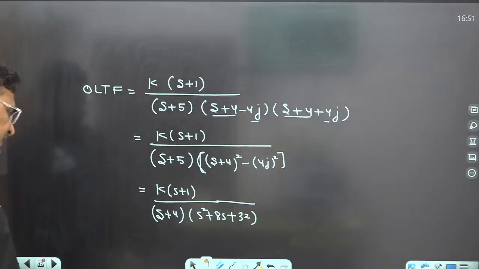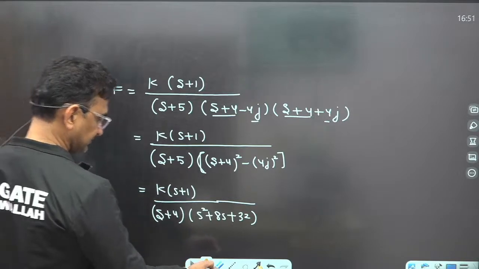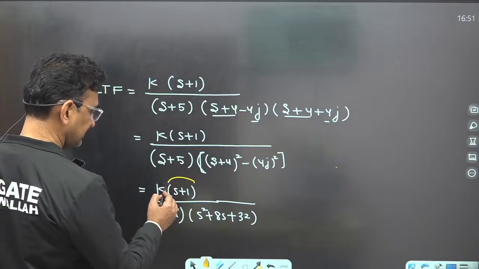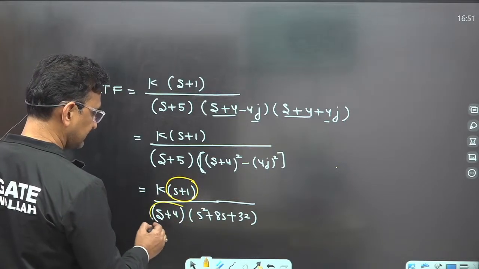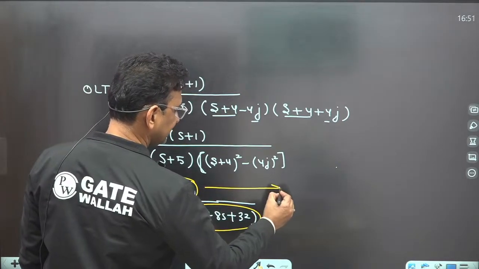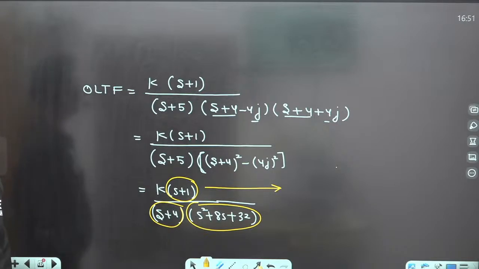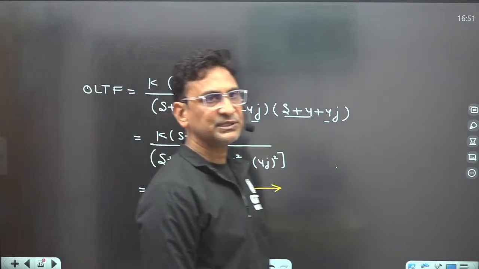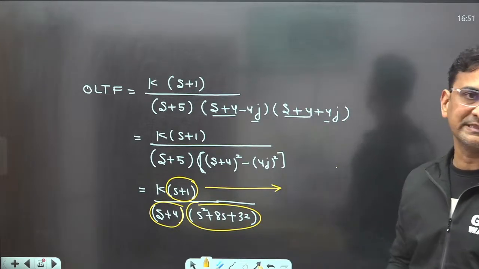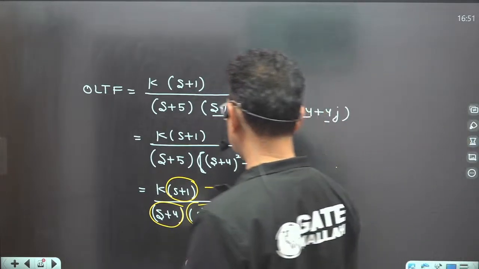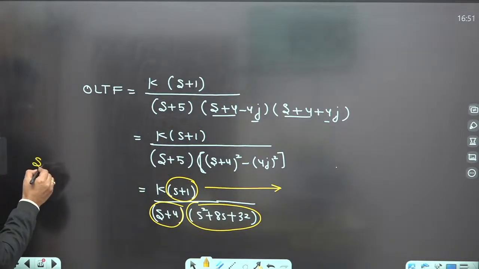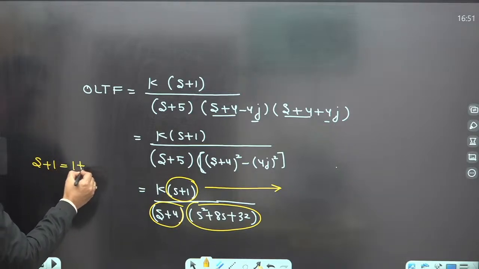So how to find out the corner frequency? We have different factors in this open loop transfer function. One is this factor, second is this factor, and third is this factor. What is the corner frequency related with this factor? Tell me. For simple poles and zeros, corner frequency is the frequency at which the simple pole or zero exists. That means s plus 1 is nothing but 1 plus s by 1.